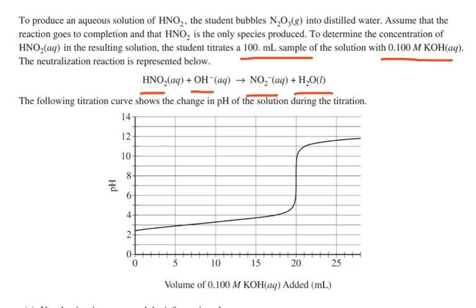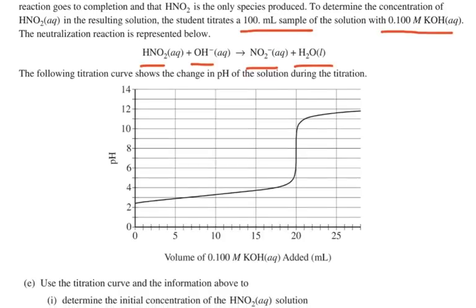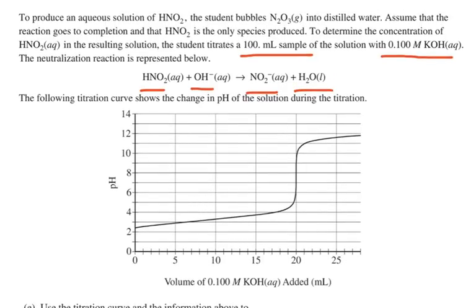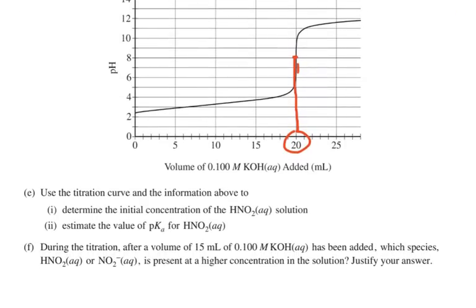So here we get this titration curve showing the change in pH. And we can kind of see from this picture here that here's where the neutralization is happening. There's the equivalence point. So it's 20 milliliters of the base that we had to use. So use the titration curve and the information to determine the initial concentration of HNO2.